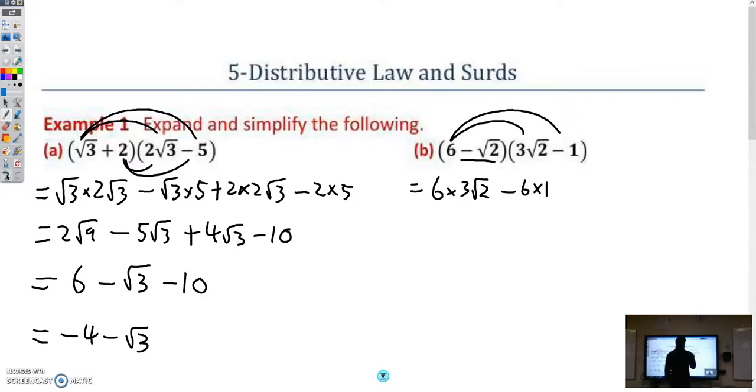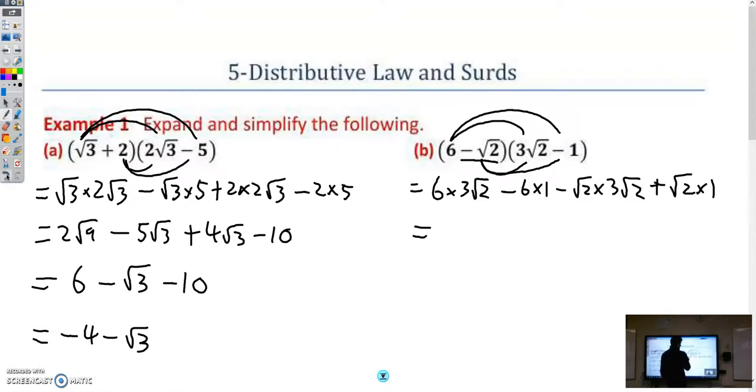We have -√2 times 3√2. And then we have -√2 times -1. Negative times negative will be a positive √2 times 1.